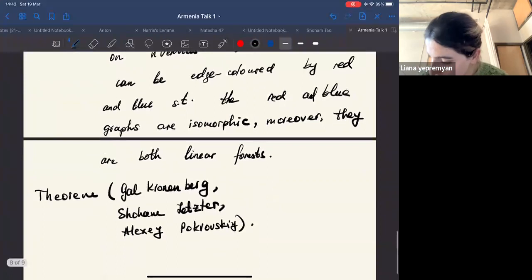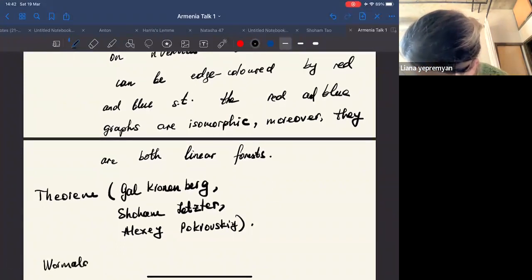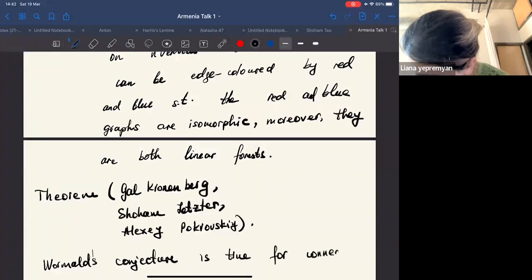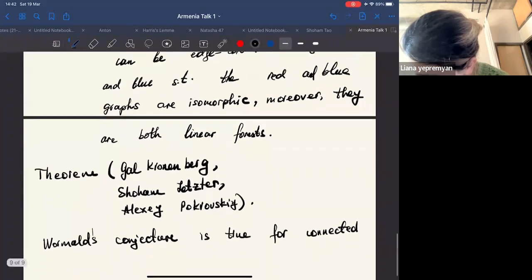So it says the following, that Wormald's conjecture is true for connected graphs on a sufficiently large number of vertices.